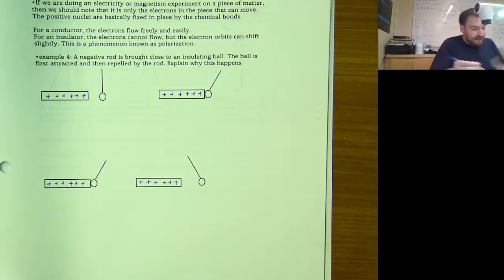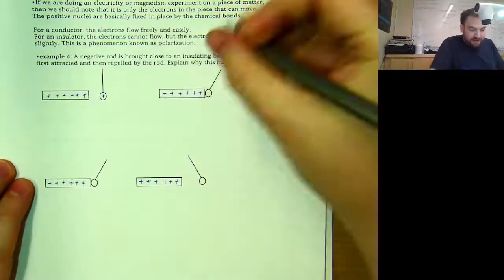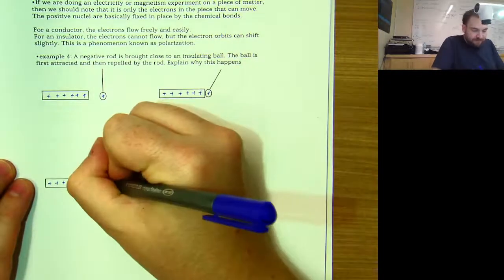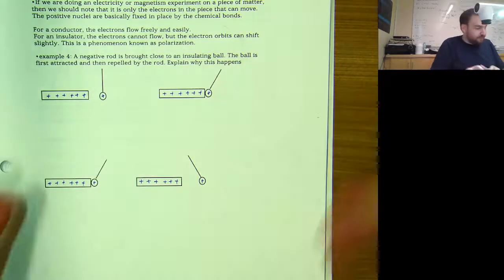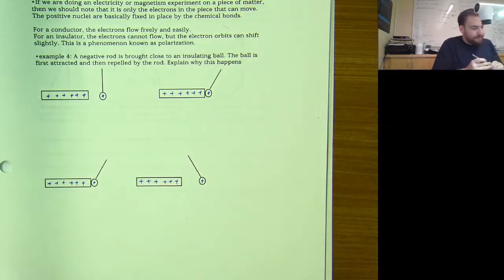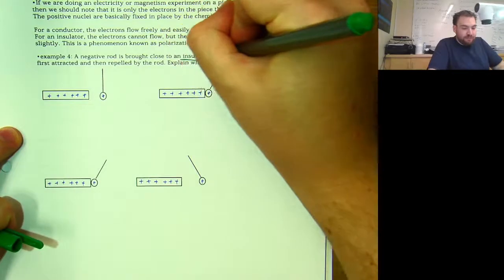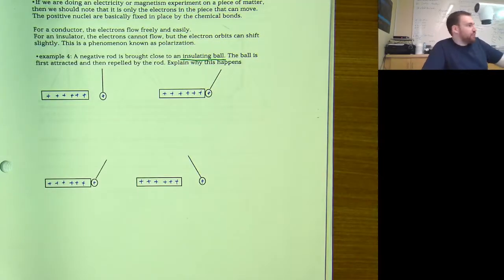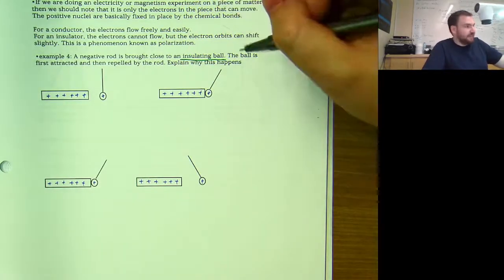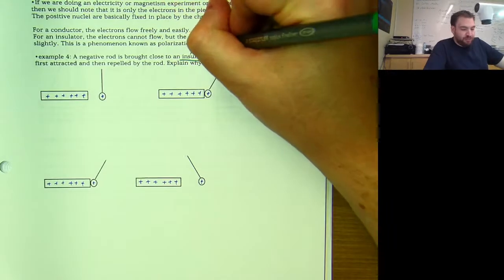And we're just going to say that this little ball hanging here on a stick has 1 proton in it. The insulating ball here, they don't tell us the charge in it, so we're going to assume that the charge on the insulating ball is neutral.